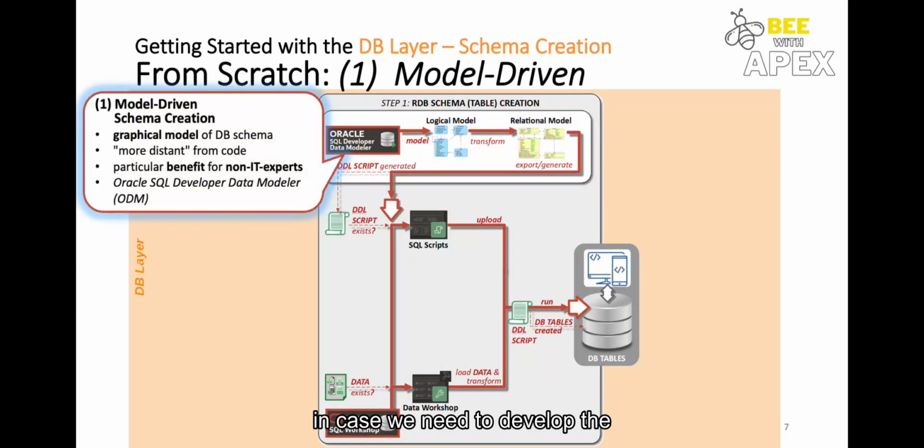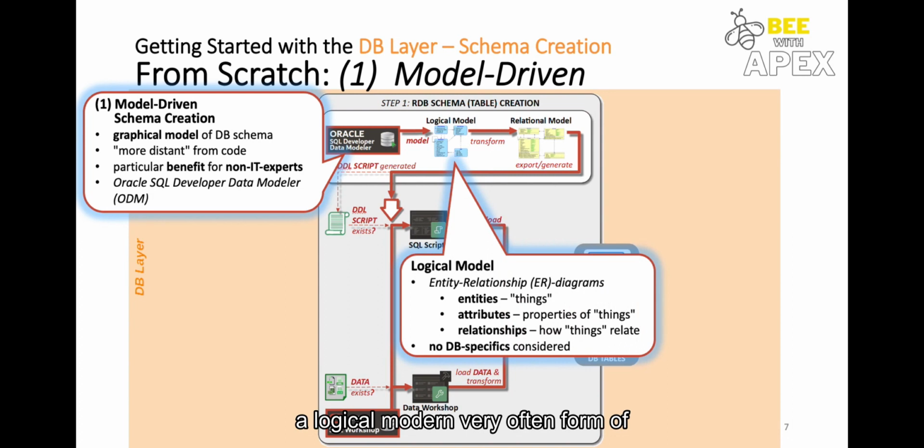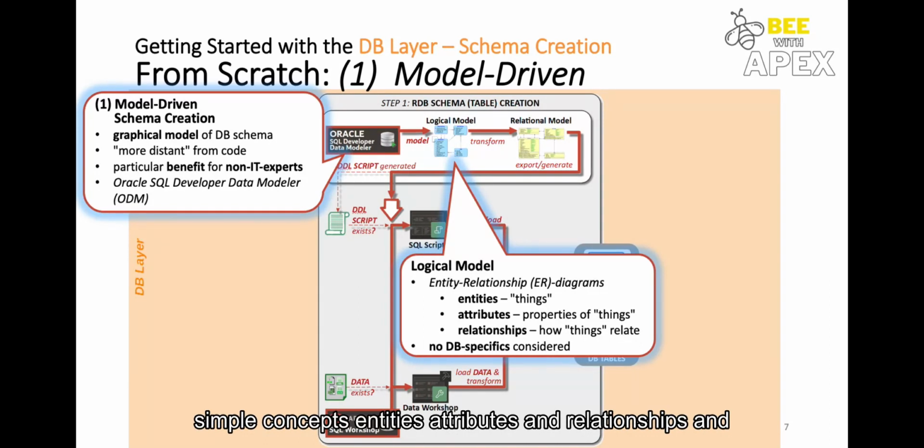In case we need to develop the database layer from scratch, there are different options available. Starting with the option being most distant from code and thus providing the highest level of abstraction for non-IT experts, model-driven schema creation. This is, however, not supported by APEX itself, but through other tools like the Oracle SQL Developer Data Modeler. A logical model, very often in the form of entity relationship diagrams, allows to focus on simple concepts, entities, attributes, and relationships, and thus doesn't need to consider database system specifics.